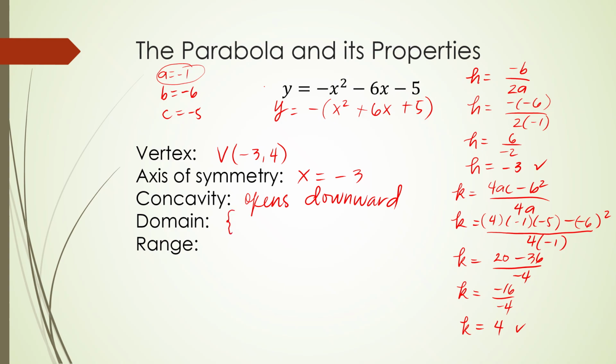For the domain, of course, same as this one, x such that x is an element of any real number. And for the range, we have y such that y is less than or equal to 4. Why do we use less than? Because of the sign of a. And why 4? Because of the value of k always. I hope that you understand this.